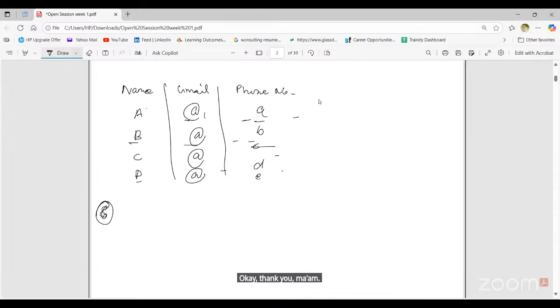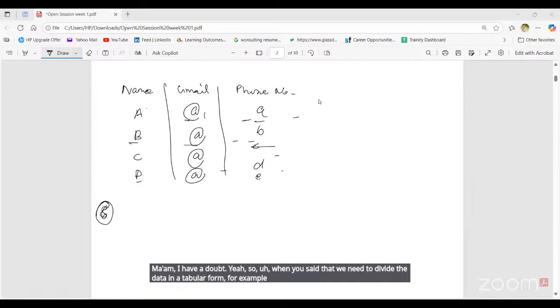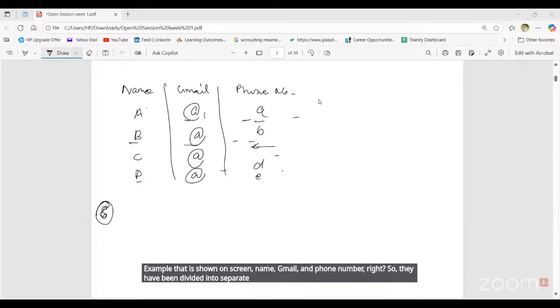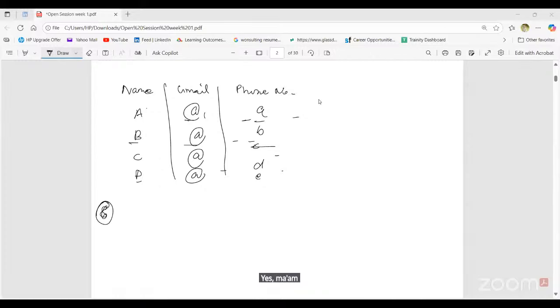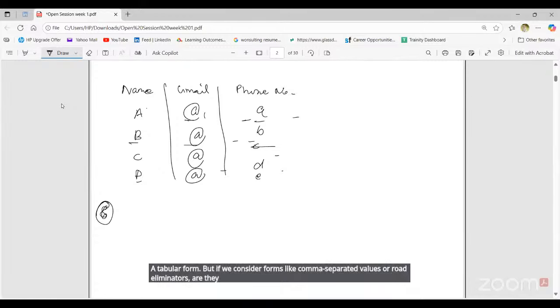Ma'am, I have a doubt. When you said that we need to divide the data in a tabular form, for example, in the example that you have shown on screen, name, Gmail, and phone number, so they have been divided into separate sections via a tabular form. But if we consider forms like comma separated values or row delimiters, are they also considered a part of structured data?